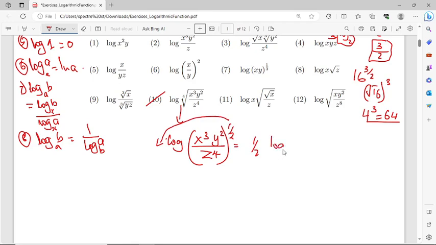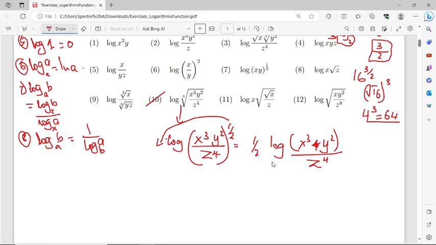Then you have the log of x cubed, and remember the laws of logarithm. When you're multiplying, what do you do? You add. So before you add, let us just write them first, multiplied by this, and then we have the raised to 4.